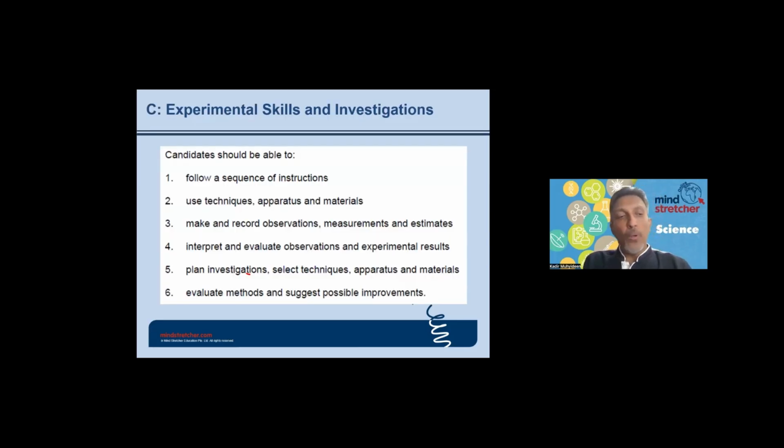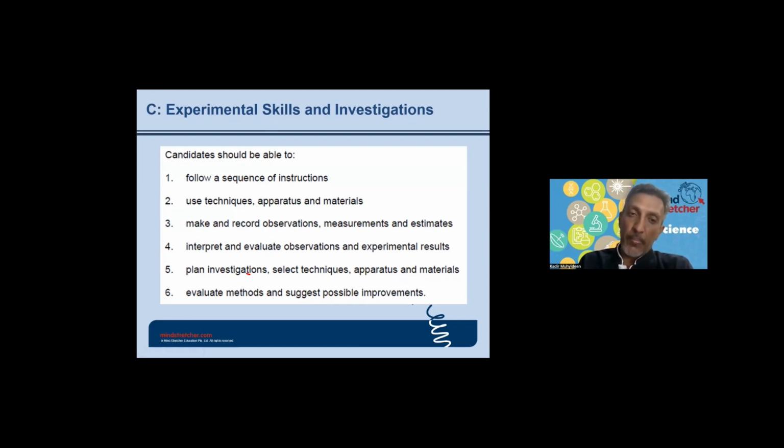So, guys, we all know the experiment itself, what is it actually testing? It's only testing this skill essentially. How do we follow a sequence of instructions? Basically, how do you set up the apparatus?